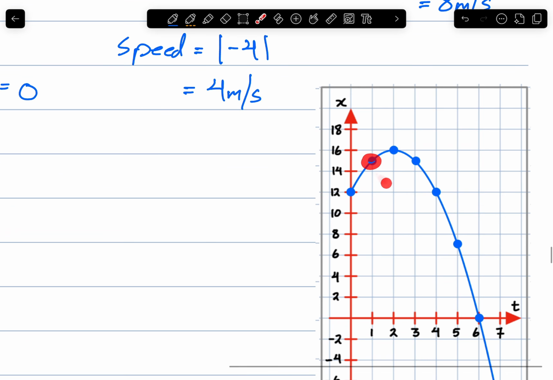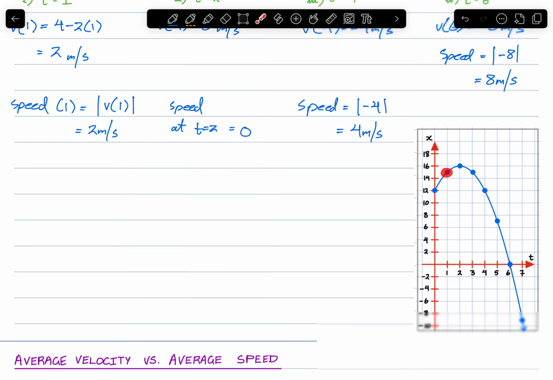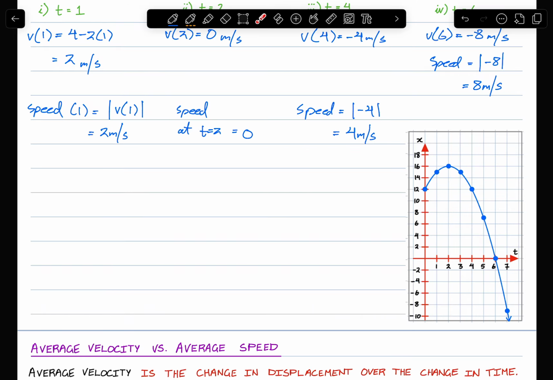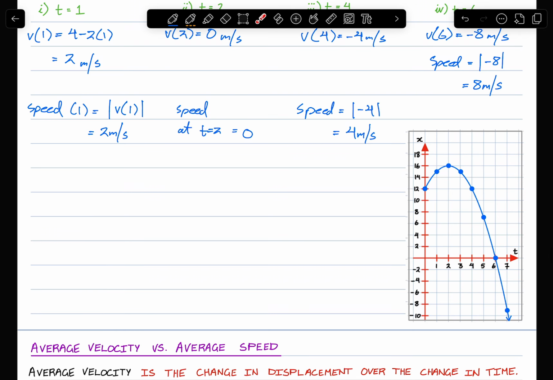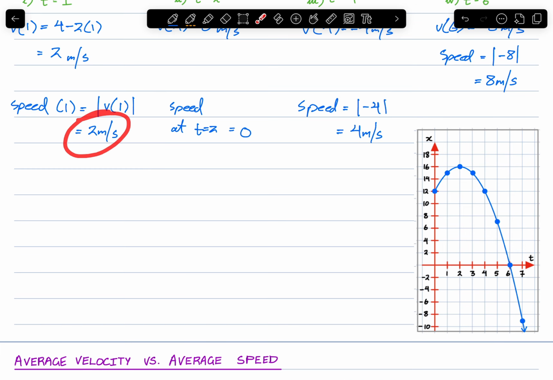If we're sitting in this particle, we can sense or see in the car, so to speak, that we are moving 2 meters per second. Do we know whether we're moving towards or closer to the origin? This gives no indication whatsoever if it's a speed.